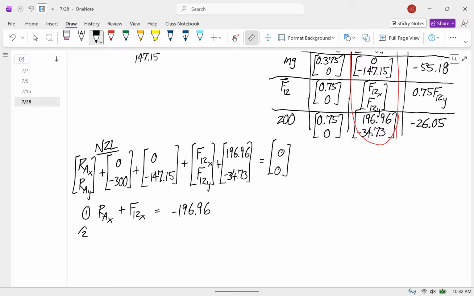And then the second equation says RAY plus F12Y is equal to 481.88.